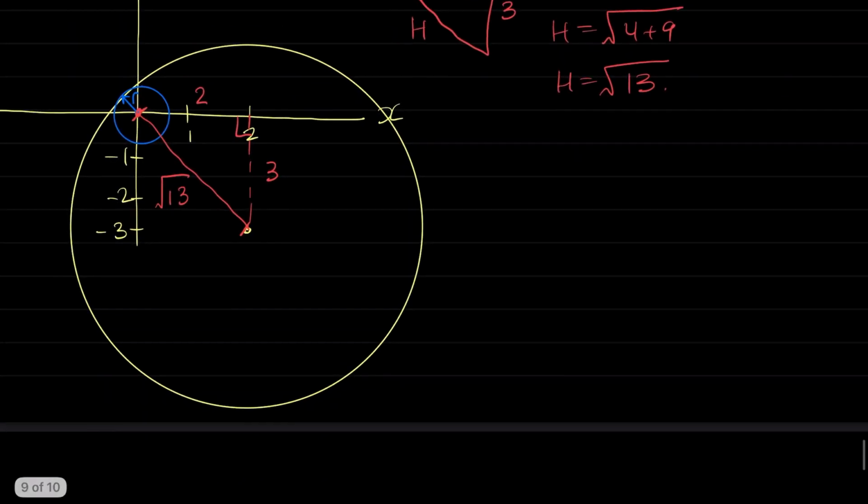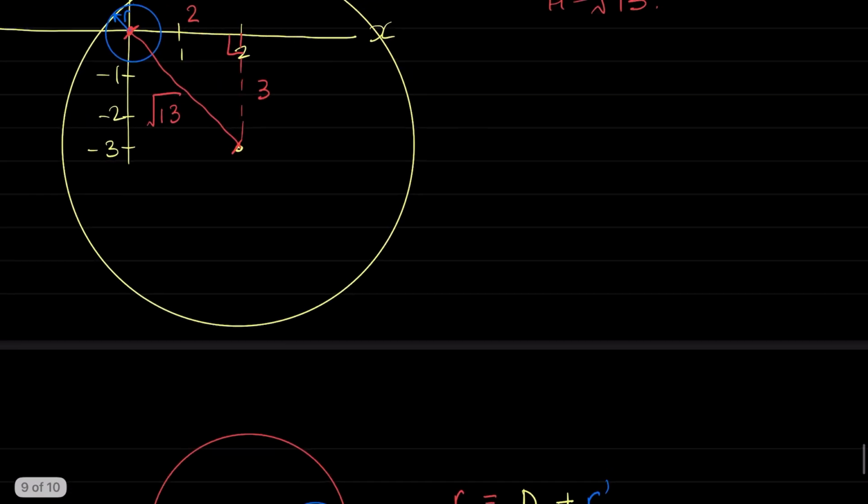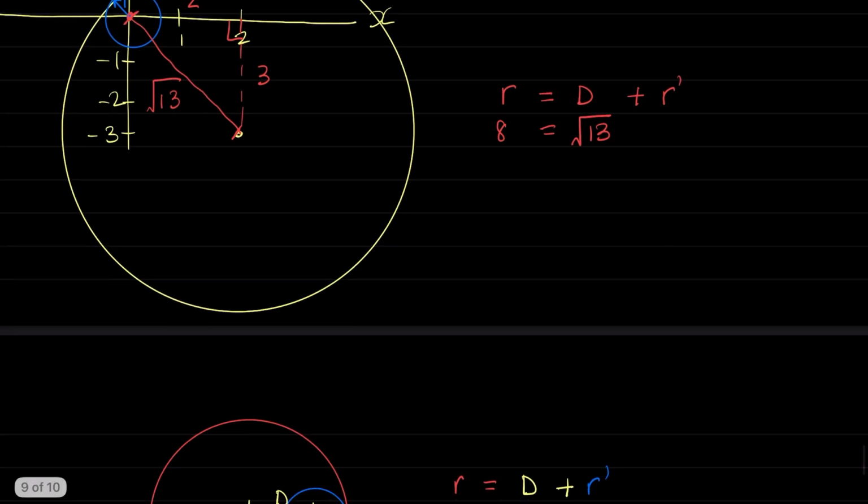So in our example, let's apply it here. The radius of my big circle, which is 8, we worked that out, is equal to the distance between the centers, which we worked out is the square root of 13, plus R prime, which is the length of the radius that we're interested in.